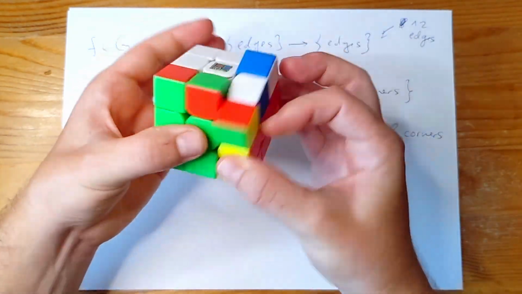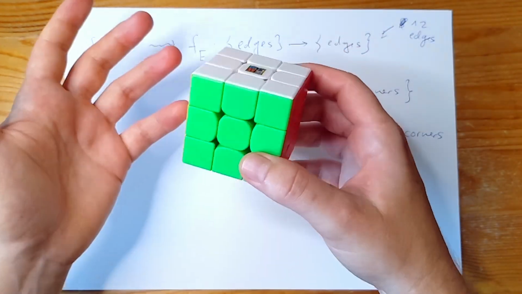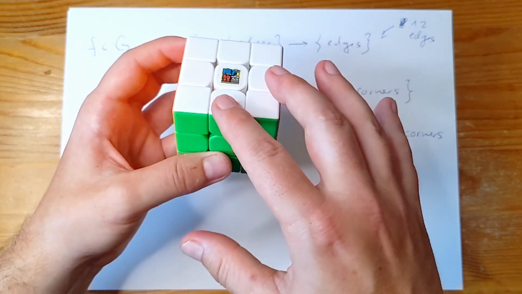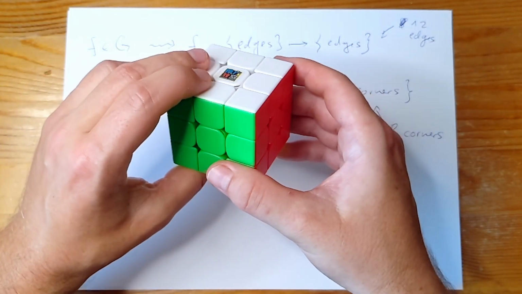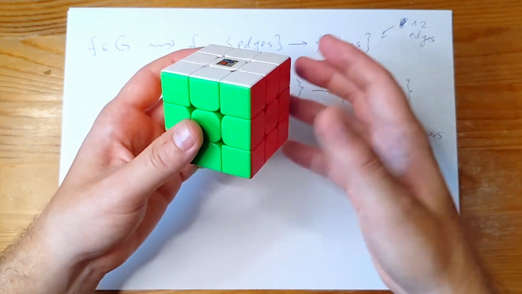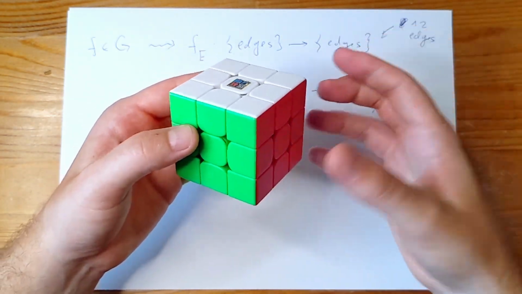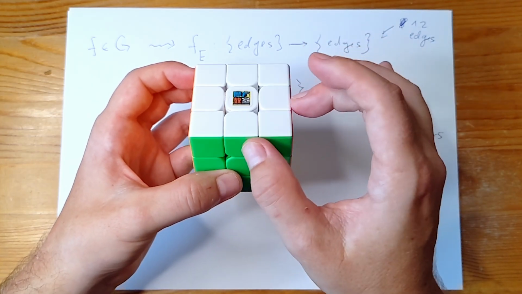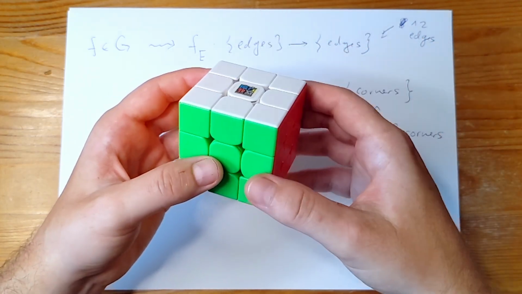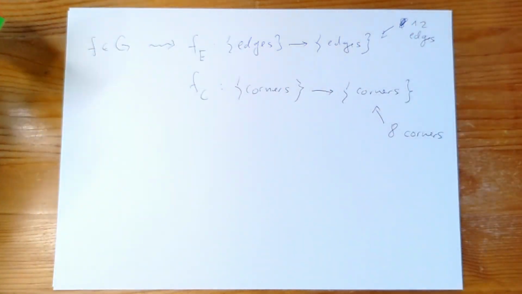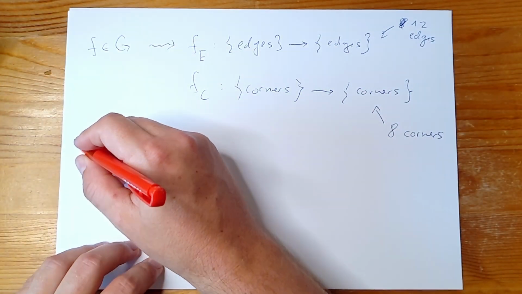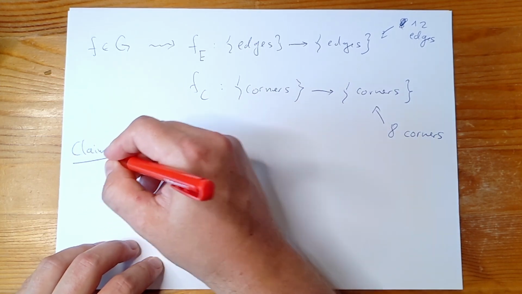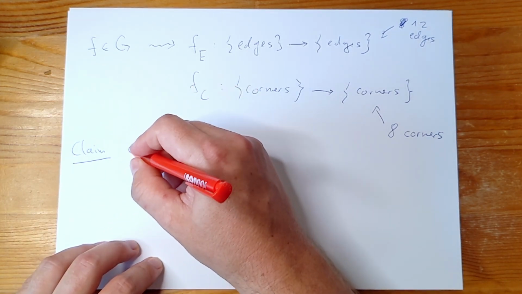So with the edges it's the same. So if there was an algorithm which flips 2 edges and you have repeated the algorithm already, let's say 10 times, if you do it another 10 times, you have flipped these edges again, so you have restored the whole cube actually. So this means what we can then now conclude is that we have the following, or claim, or observation if you want to.